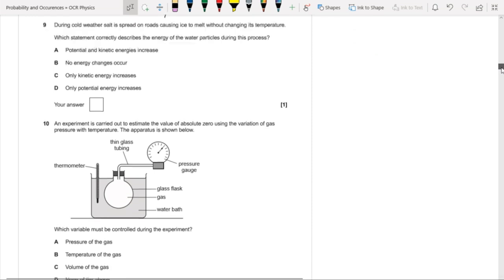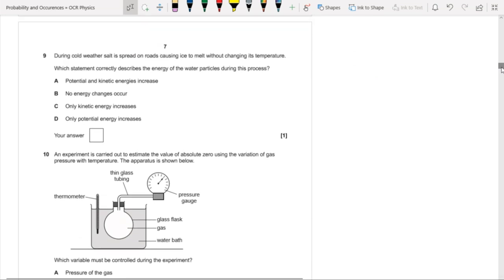All right. During cold weather, salt is spread on roads, causing ice to melt without changing its temperature. Which statement correctly describes the energy of water particles during this process? So we know that the total energy of any matter in any phase is the sum of two energies, the kinetic energy and the electrostatic potential energy.